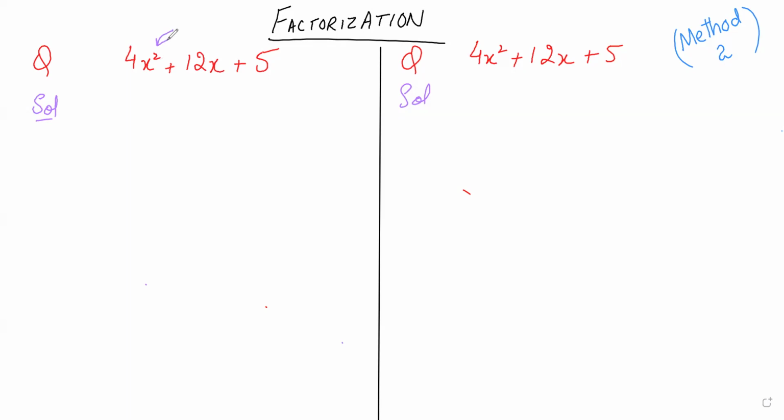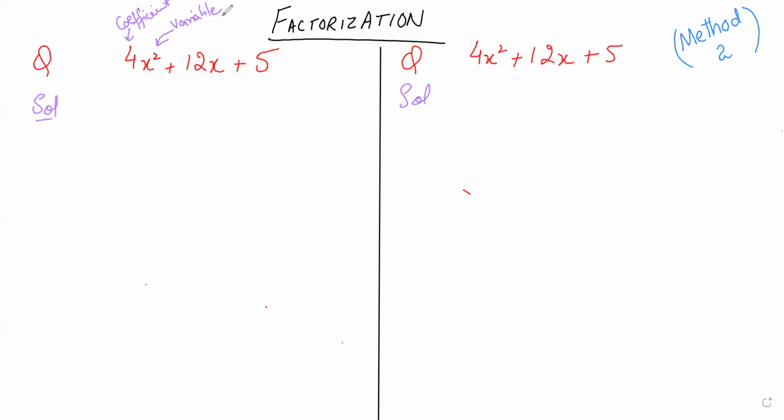Whatever is with the variable, we call it the coefficient. So here 4 is the coefficient, while this x squared is actually a variable. So don't confuse yourself with variable and coefficient. Always see what is the highest variable here. Here we have x squared and the coefficient with it is 4.